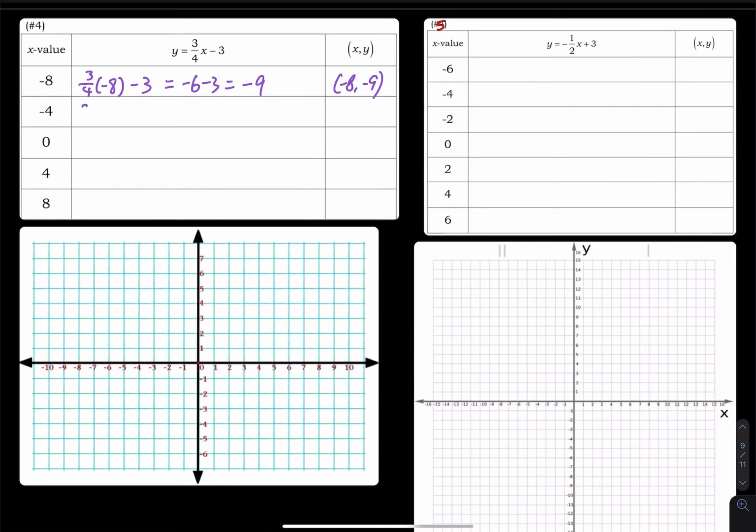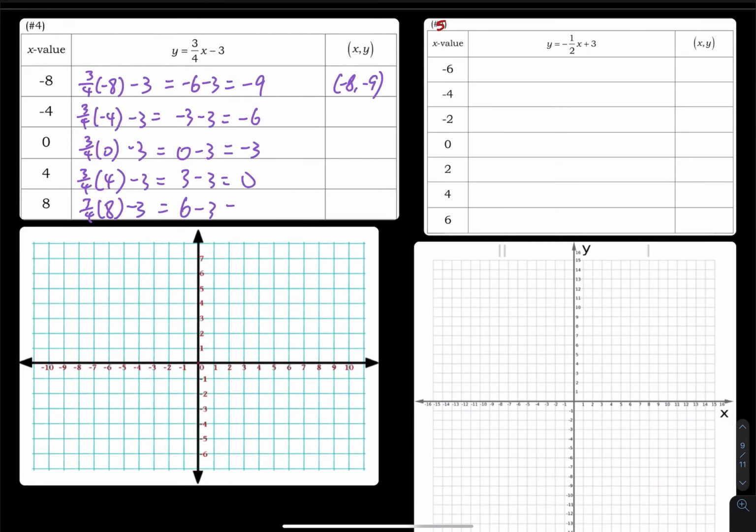And then 3/4 times -4 minus 3, that is -3 minus 3 equals -6. Then 0: that will be 0 minus 3. Then times 4, that will be 3 minus 3. And then 6 minus 3 equals 3.